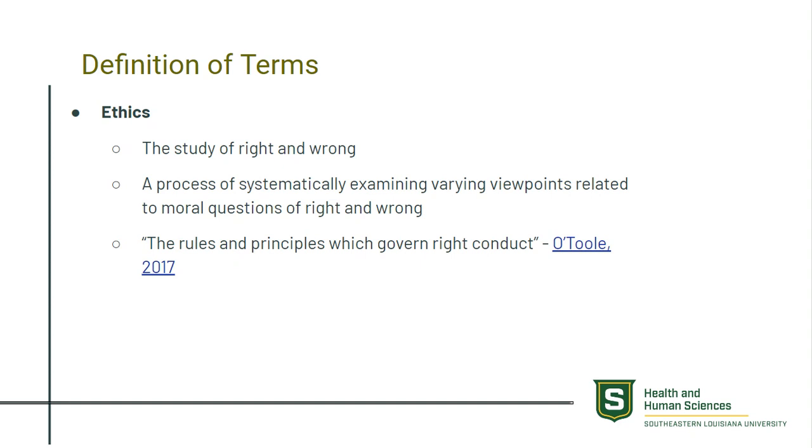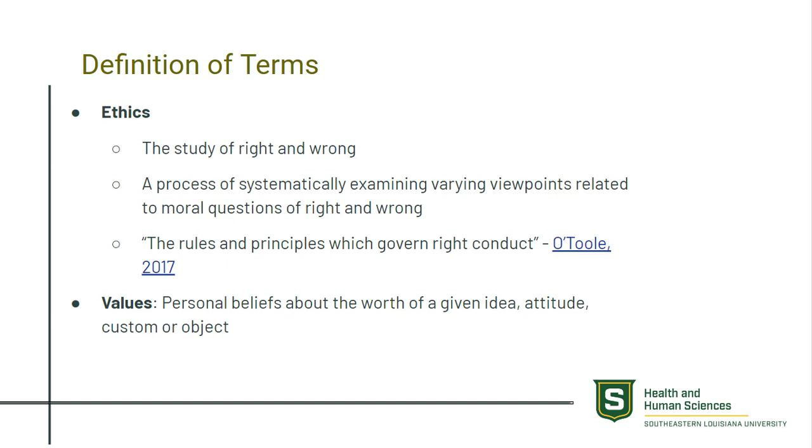So, we have talked about what is right or wrong, and we've talked about moral questions. How do we determine what is right or wrong in terms of personal and also moral questions? We have belief. Belief is seen as personal values. And values are personal beliefs about the worth of a given idea, attitude, custom, or object.